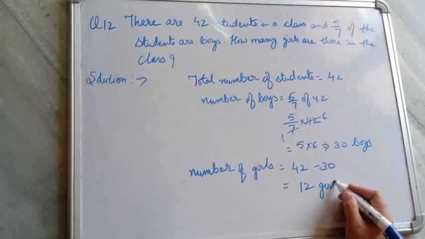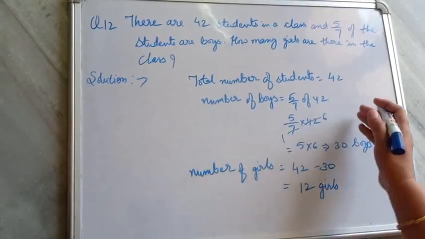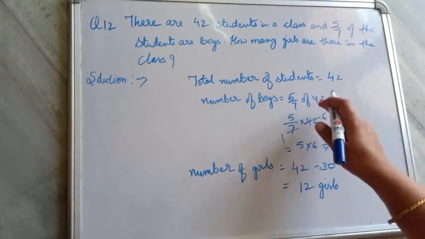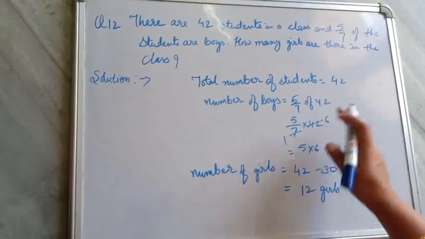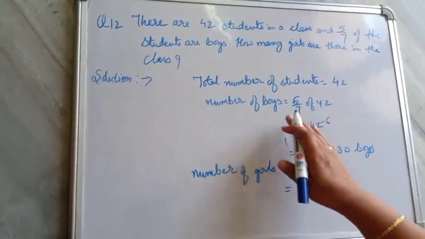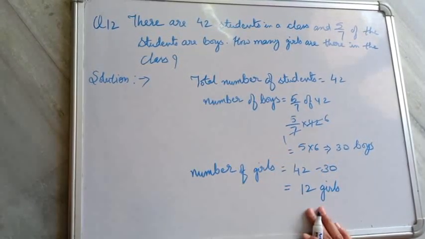Total 12 girls are there in the class. So in this question, first we have multiplied because actual number of boys is not given to us. So we have found it by multiplying the fraction and then subtract from the total number of students.